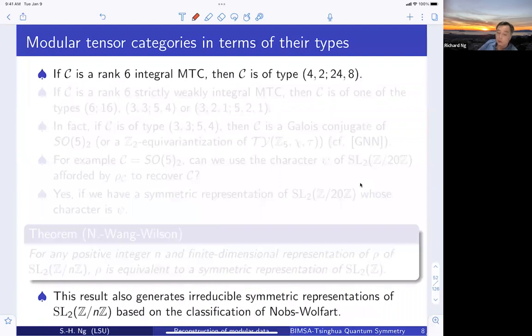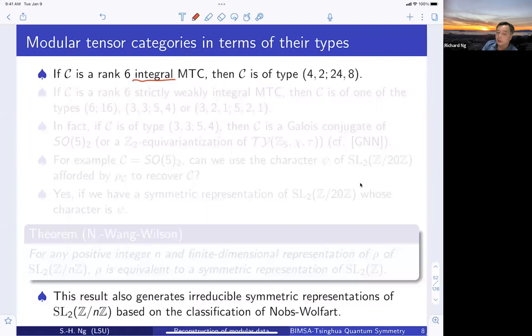Now we turn to the rank 6 case. This is the first example explored in such a way, which can also be implemented for computer computation. If you look at the rank 6 integral MTC, in fact, it is pointed.